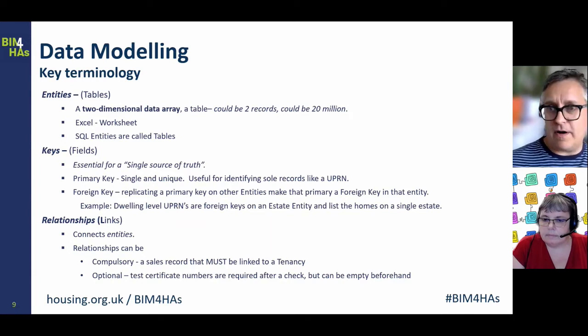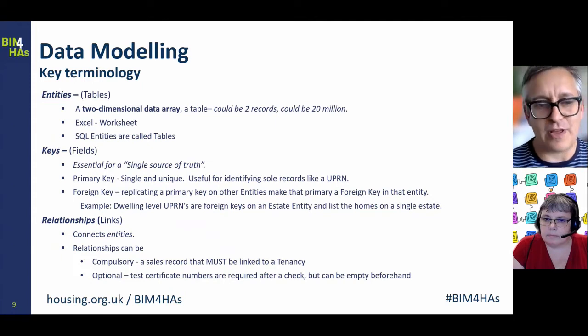The other part about this is the links between this information, and that connects one entity to another. So there are rules set up in this asset information model that it's compulsory that a sales record must be linked to a tenancy. You can't sell a property unless you know what it is that you're selling.